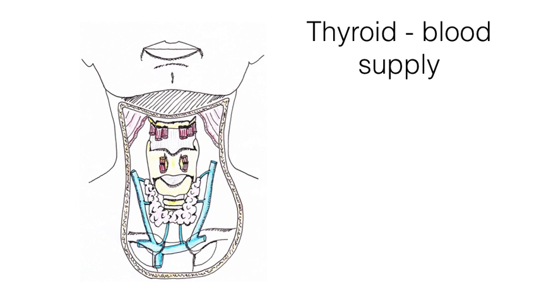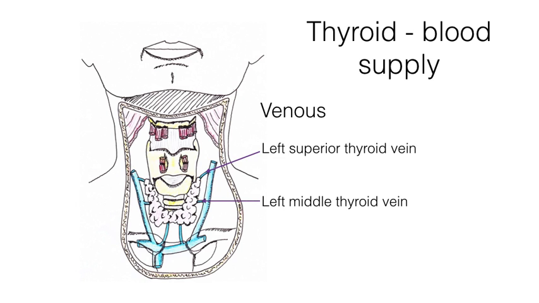Let's have a look at the blood supply of the thyroid gland, and we'll start with the venous blood supply. The thyroid gland is drained by three vessels on either side: the superior thyroid vein, the middle thyroid vein, and the inferior thyroid vein.